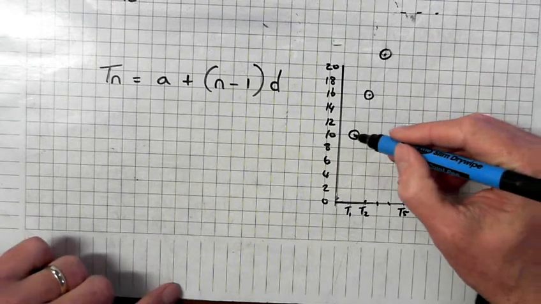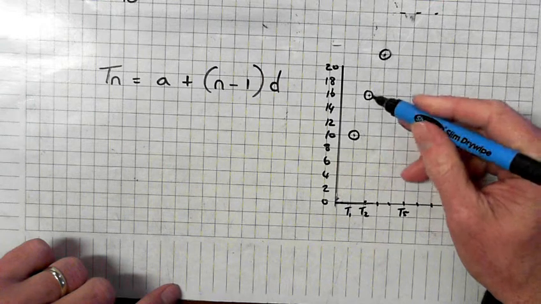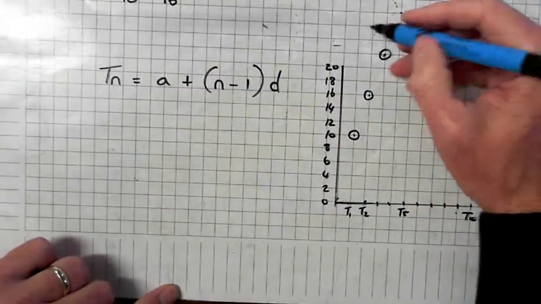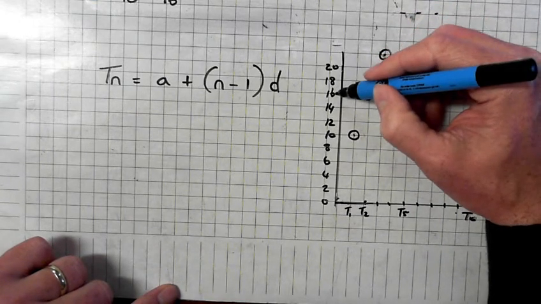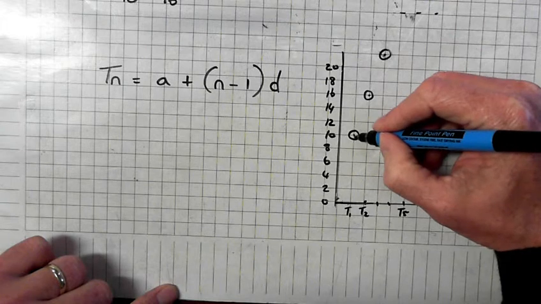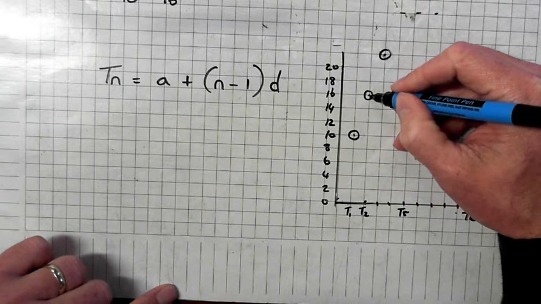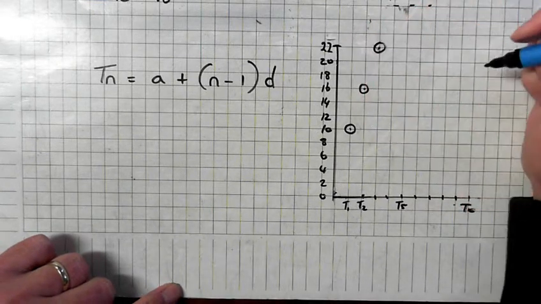Alright, so what's the difference? I started at 10. T2 is 16. What's T3? Oh, sorry, I wrote that wrong. See, T1, that's 10. This is 16. And that is 22.